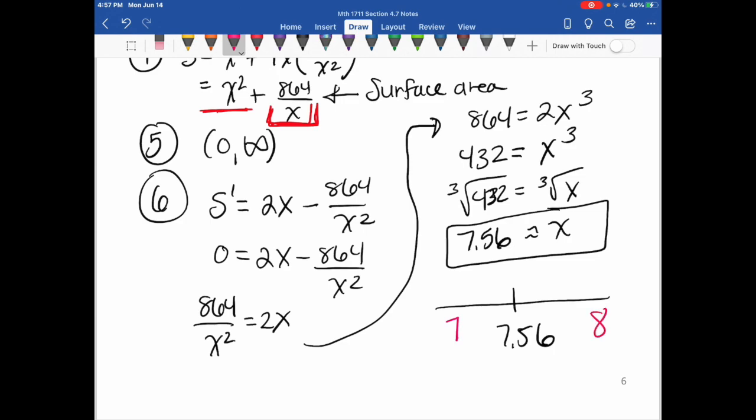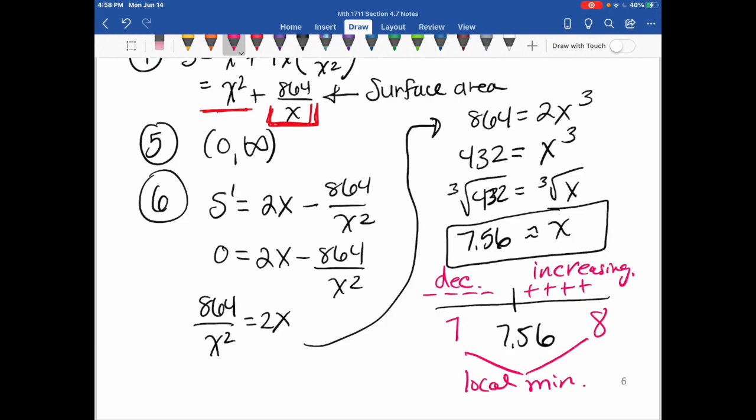Let's say I plug in 7 for my interval to the left, and I'll plug in 8 for my interval on the right. Now, when I plug in 7 into the derivative, I'm going to get a negative value, which means it's decreasing on this interval. When I plug in 8, I'm going to get a positive value, which means it's increasing. So if it's decreasing and then it's increasing, this is definitely a local min.